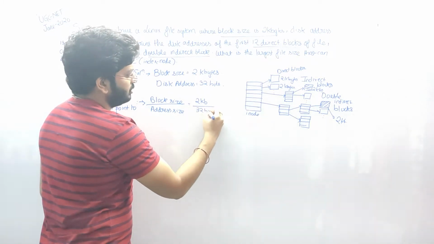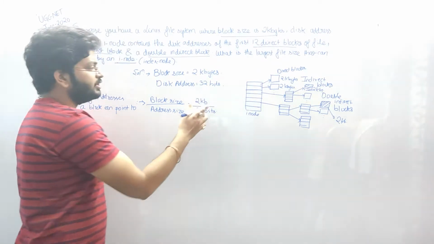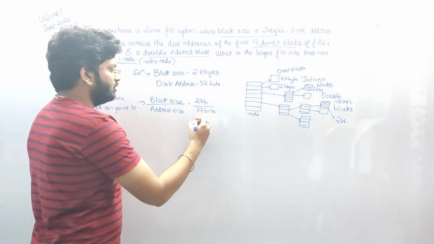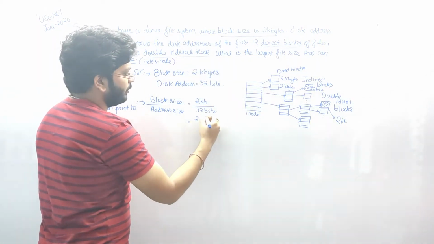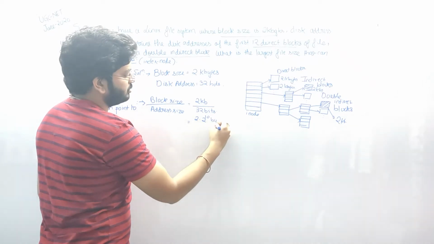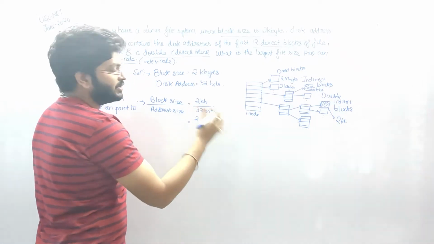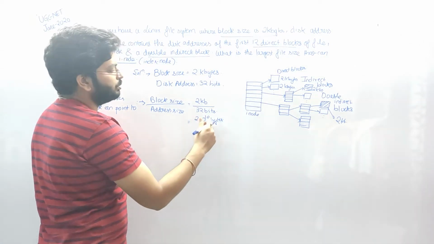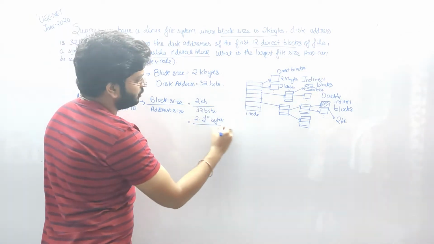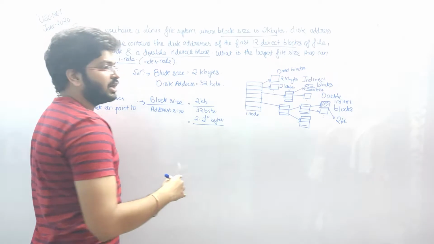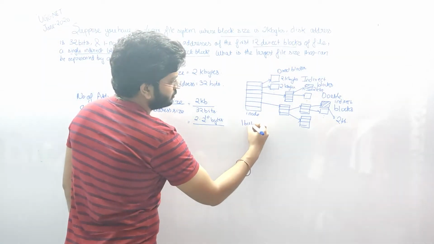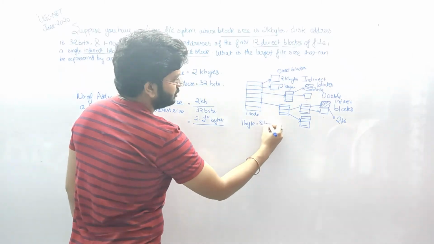32 bits. Now this 2 kilobyte, let me convert it to bytes. Okay, so 2 into 2 power 10 bytes. Kilobytes to bytes, kilo is 2 power 10, 1024. So in that respect, 2 into 2 power 10 bytes, and these 32 bits, if I convert it to bytes, I know 1 byte is 8 bits.